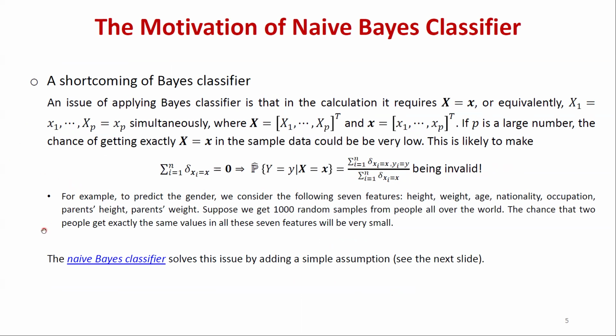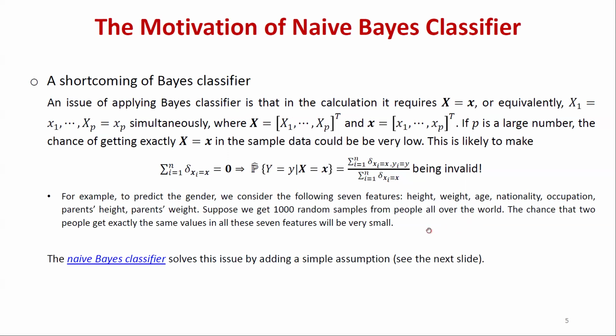Or a more practical, intuitive example: say I want to predict data. I consider the following 7 features: height, weight, age, nationality, occupation, parents' height, parents' weight, something like this. And let's say I get 1,000 random samples from people all over the world. Think about it, I only have 1,000 data.